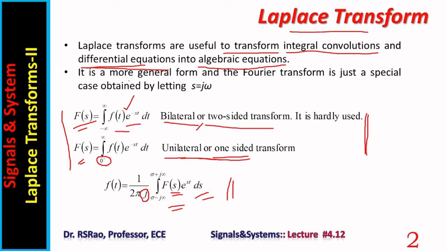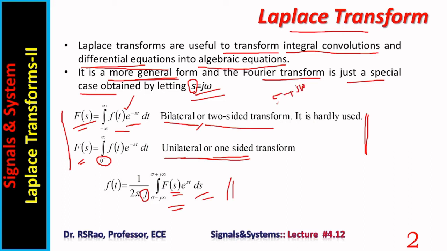The second point is that it gives the relation between Fourier transform and Laplace transform. Laplace transform is a more general form, and Fourier transform is just a special case which can be obtained by letting s equal to j omega in Laplace transform. Note s stands for complex frequency. In general, it is equal to sigma plus j omega.